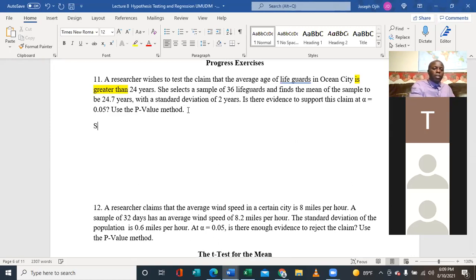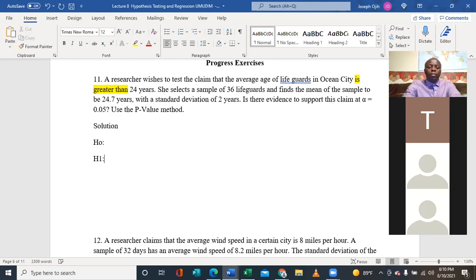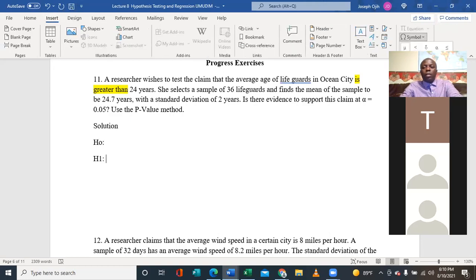Our solution: first of all, we state our hypotheses and then identify our claim. We want to test the claim that the average age of lifeguards in Ocean City is greater than 24 years. So let's say we have H0 and H1. Now, the greater than symbol can only be used in the alternative. So we have the mean greater than 24 years, which is the claim.